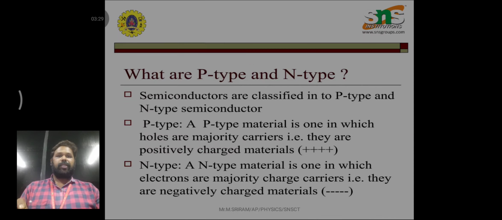Next we discuss what P-type and N-type semiconductors are. PN junction diodes are made up of two adjacent pieces of P-type and N-type semiconducting materials.